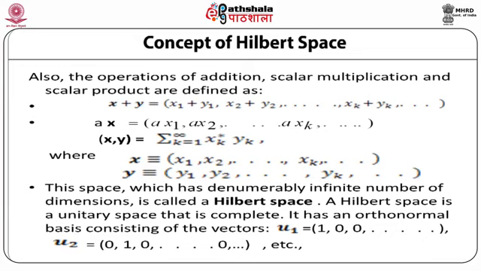If we have two infinite sequences of numbers x and y, then x plus y is equal to x1 plus y1, comma, x2 plus y2, comma, and so on, xk plus yk and so on till infinity.